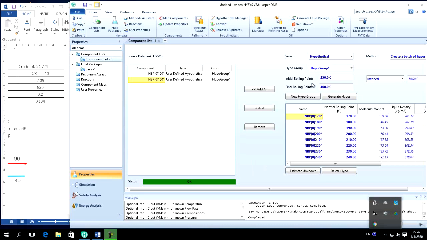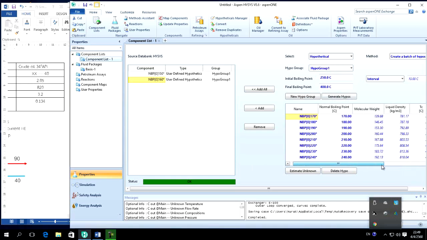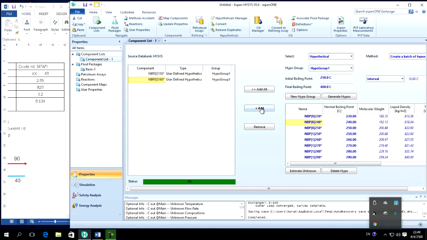So I change the initial boiling point and final boiling point to be 250 and 400 degrees Celsius. And now I can find a representative species for 820. So I select the one which is close to 240 and 250 here.